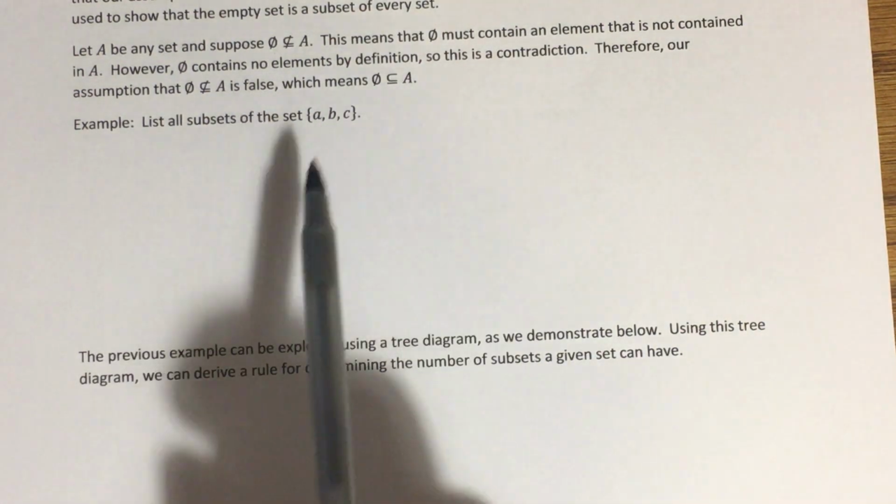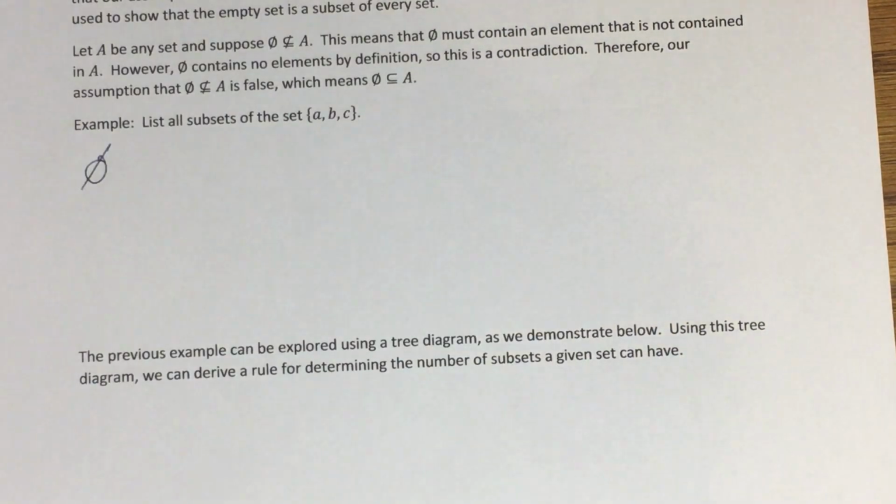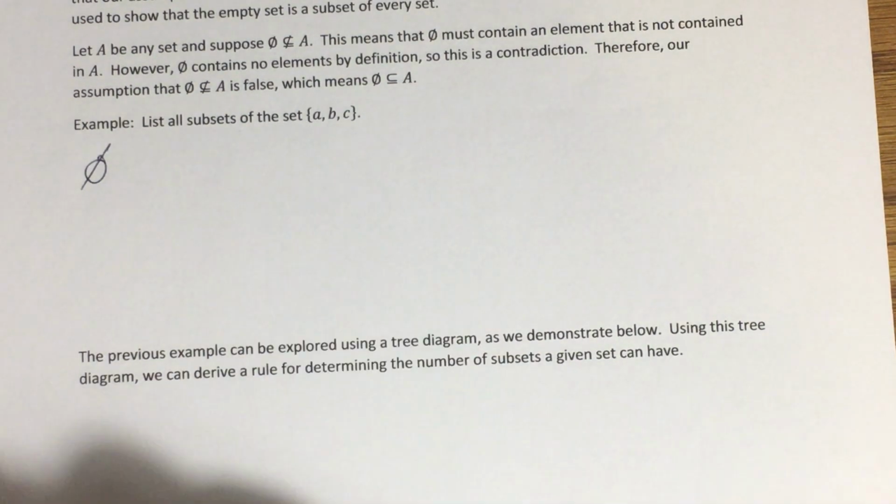So first of all, we know immediately from this previous paragraph that the empty set is automatically a subset of this because the empty set is a subset of everything. So that's easy enough. Now, this is the set containing 0 elements. Let me see if I can determine all subsets of this set here that contain exactly 1 element.